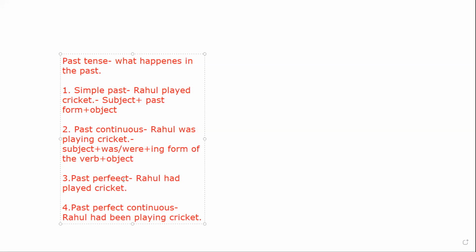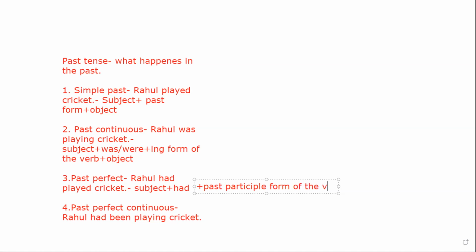In the past perfect, sorry, the spelling was wrong. Subject plus had, because had is the past tense of has or have, plus the past participle form of the verb plus object.